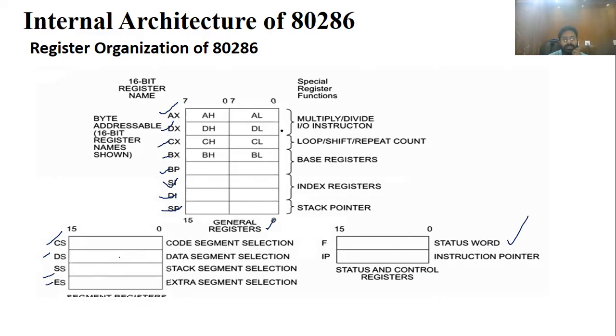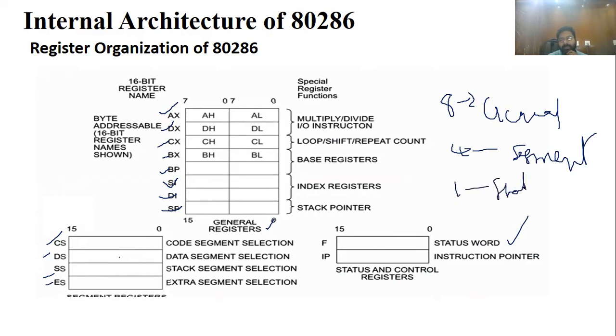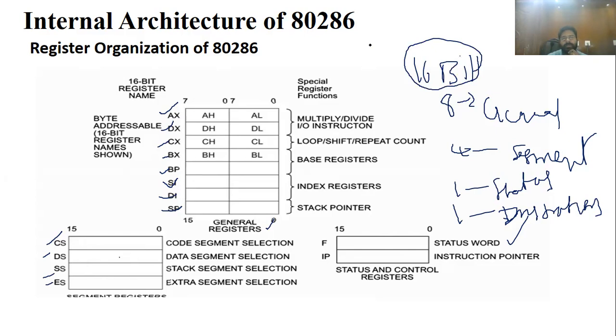You know that these are the register organization of the 80286. So 8 general purpose registers, 4 segment registers, then 1 status register, then 1 instruction pointer. These are all 16-bit.